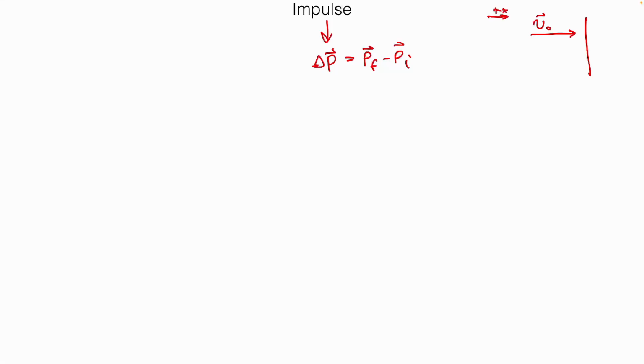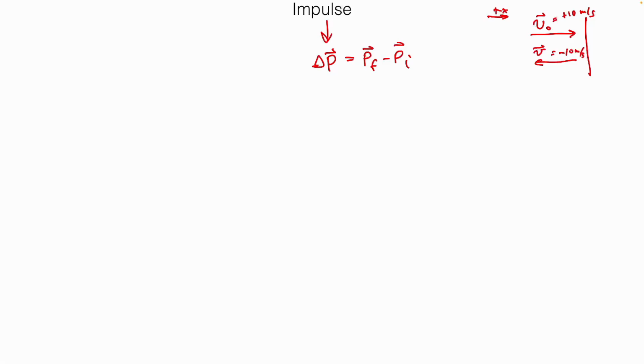If we'll put numbers on it just to make you guys happy, let's say it goes in at positive 10 meters per second, okay? And then it bounces off, okay? And we say that it keeps the same speed, okay? What do I have to write down for this final velocity? Good. Negative 10 meters per second.